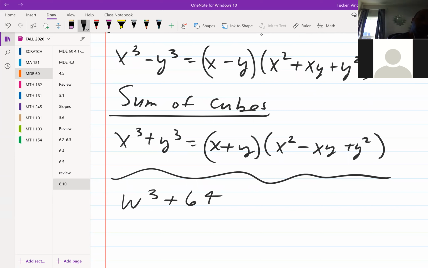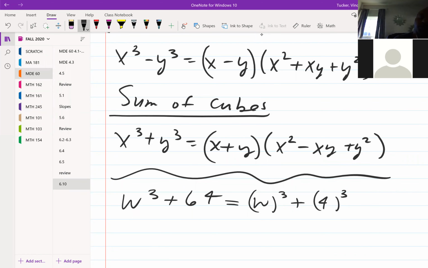All right. So first example like this, we have w cubed plus 64. W cubed is w times itself 3 times. 64 is a perfect square, but it's also a perfect cube. And that's 4 times itself 3 times. All right. So we look at the formula.